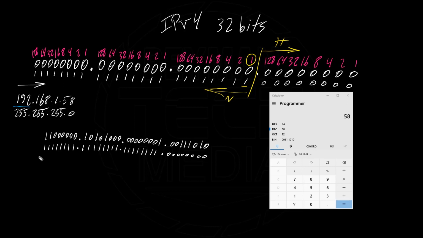Okay, now if we want to apply the ANDing, the only time the result is 1 is if both the IP address bit and the subnet mask bit are turned on. That's the only time the result is on. So this is on, so that's on, that's on. This is off, on, so that's off, on, off, off.